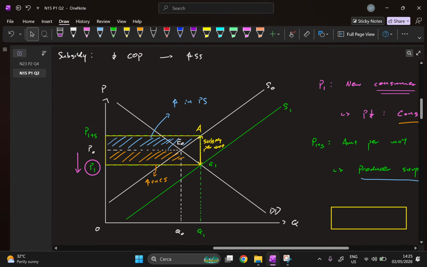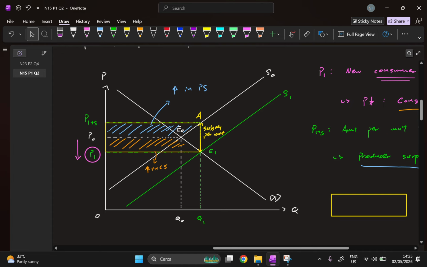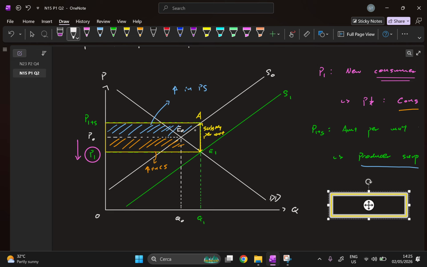And then you might be wondering, so if my yellow area is my total subsidy, some of it is used to increase consumer surplus, some of it is used to increase producer surplus, then what about this triangle here? You see that this triangle here actually doesn't go anywhere. It's not used to benefit producers, it's not used to benefit consumers.